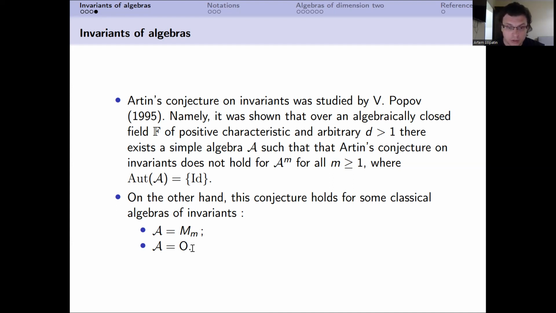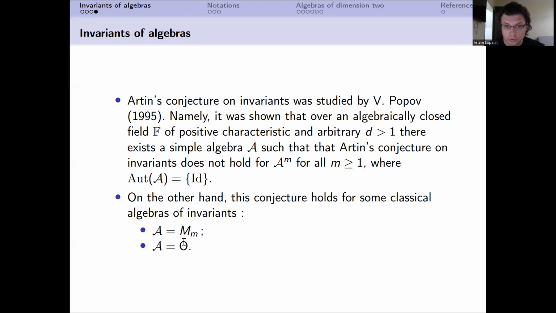And invariants, in case of characteristic 0, are known, and they are once again generated by traces. So when we have an octonion, we may define its trace. If we write it down as a sum of elements with respect to some basis, it will be a sum of two coordinates, let's put it this way.